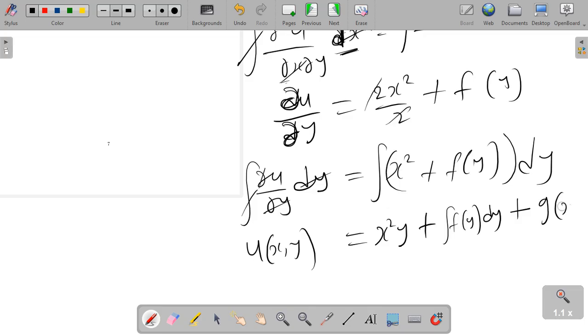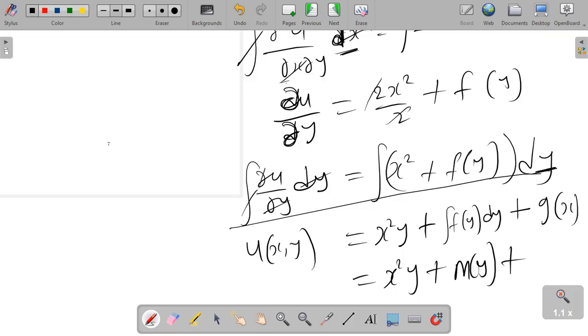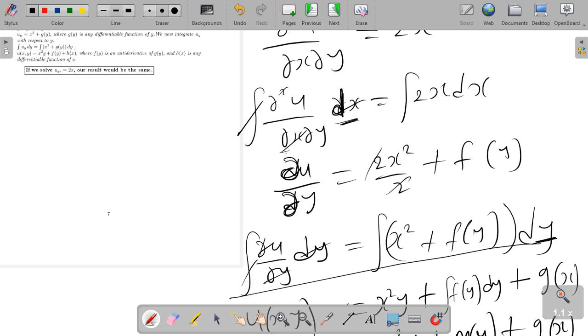And the integral of a function is another function. So we can say this is x squared y plus, let me say, m of y plus g of x. So this is the final answer. Okay, so that is that. The next page.